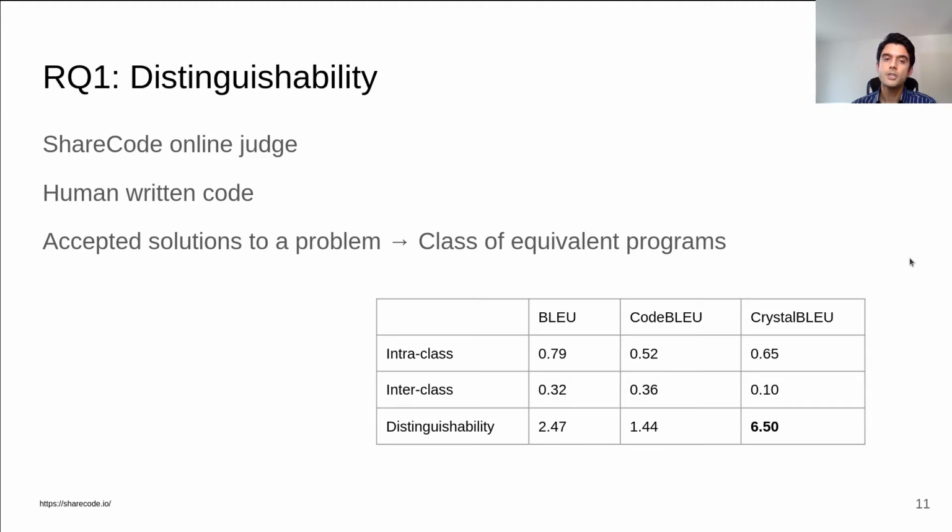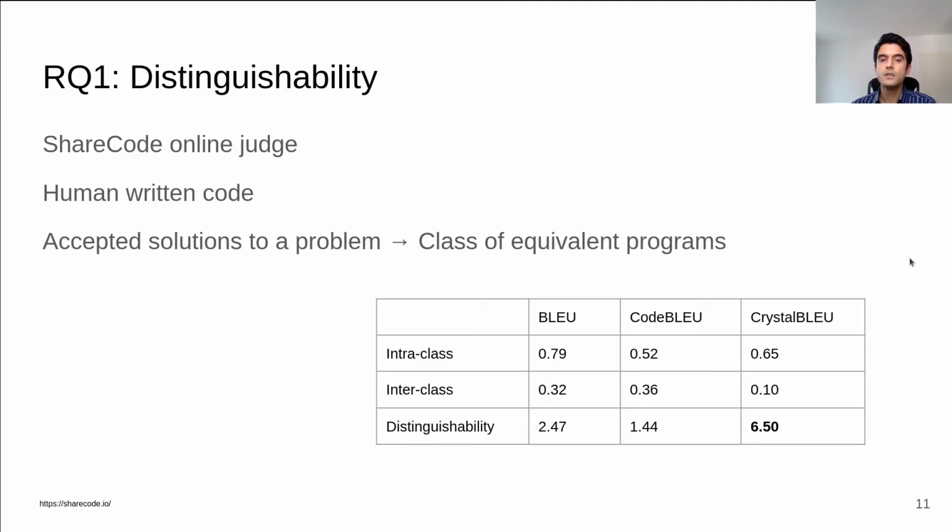On this online judge, people submit programs that solve a programming task, and the online judge runs these submissions against some test cases. If the code passes all test cases, it's accepted for that problem. And because of this testing framework, we assume that the programs that are accepted for a problem are actually semantically equivalent.